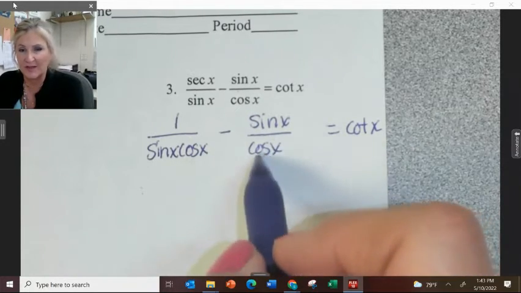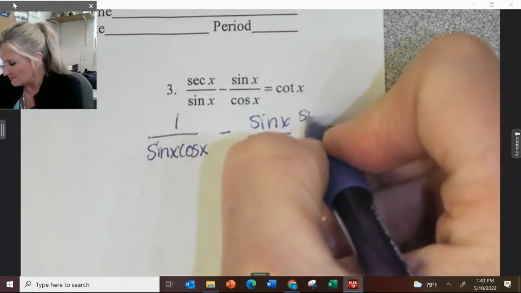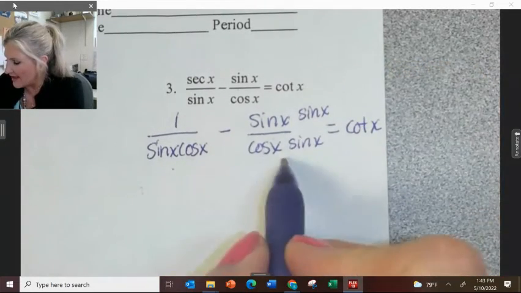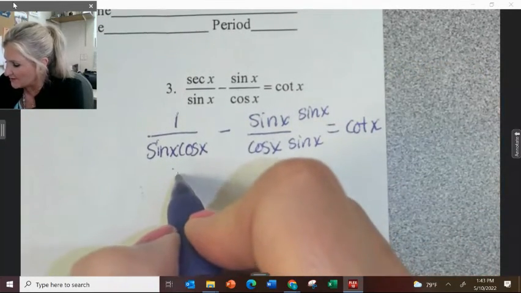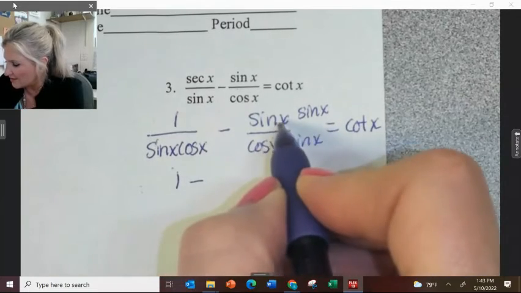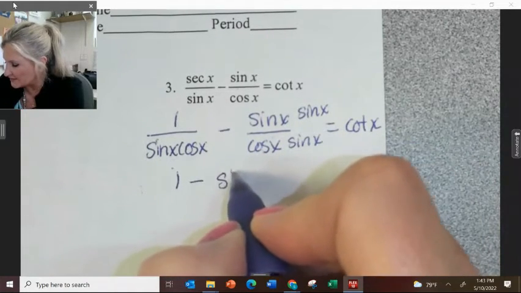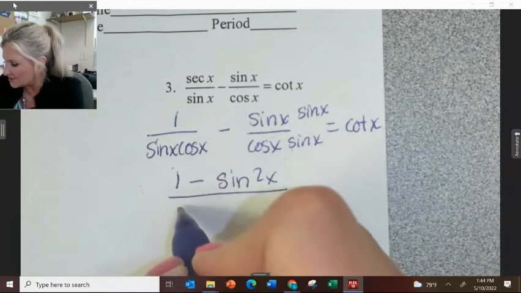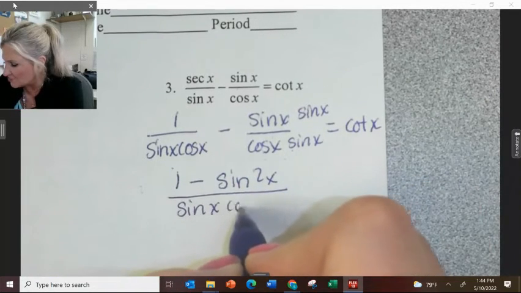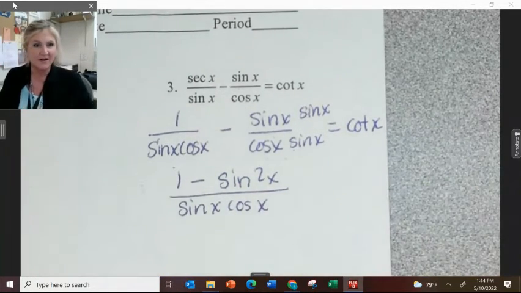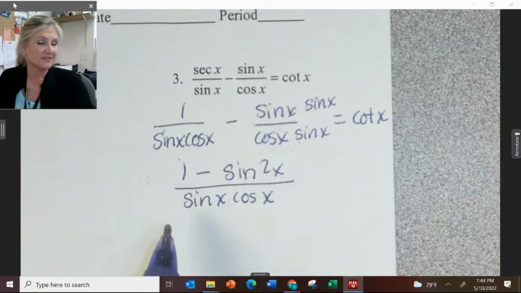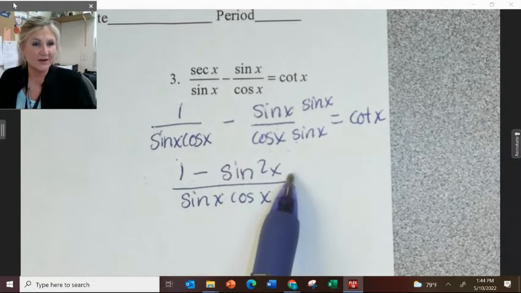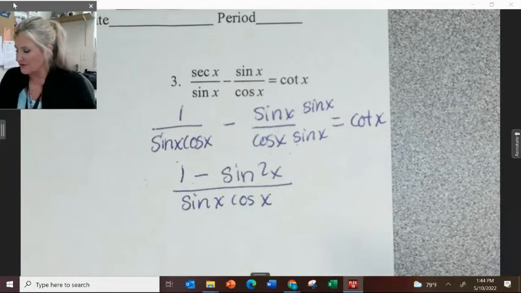So I'm going to have to multiply this by what? Sine x on top and on bottom. So now I have a common denominator, so I can write the numerator all as 1. Sine x times sine x is sine squared x. On the bottom, I've just got this sine x cosine x. Once I have that common denominator, it's just going to stay whatever it is. What is 1 minus sine squared x? Cosine squared.